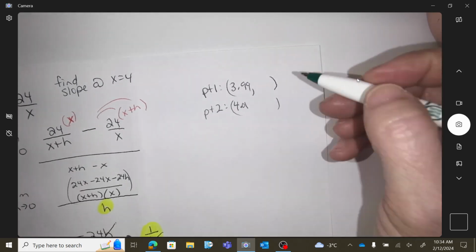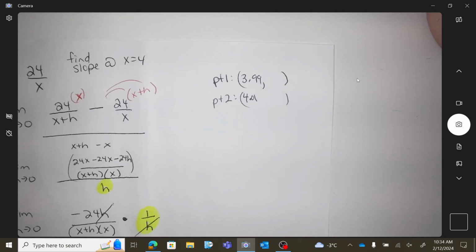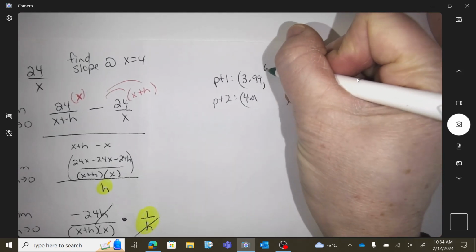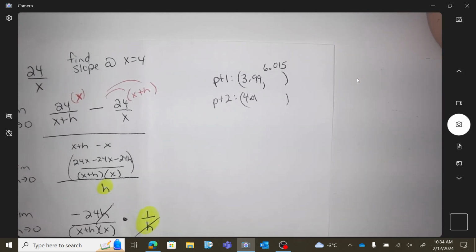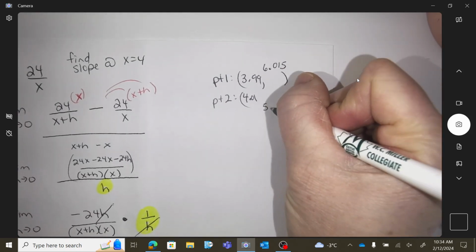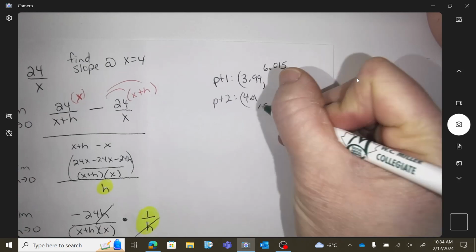So what is 24 divided by 3.99? 6.015. 5.985.